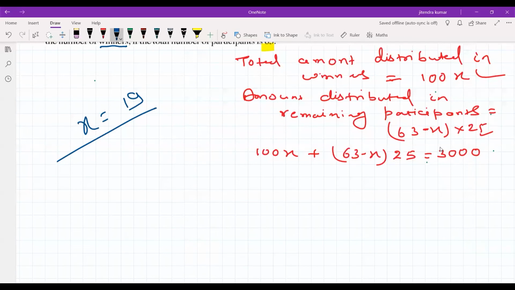Vikas is saying 19 also. Yeah, the answer you got is 19 only.